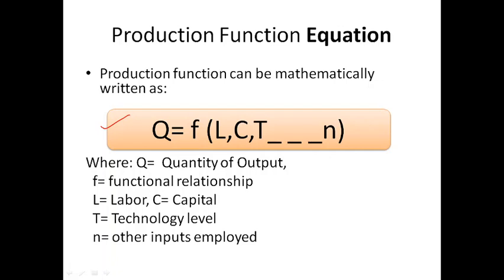It means inputs can be changed, so the level of output depends on the quantities of different inputs available to the firm. Okay? Now basics of production.